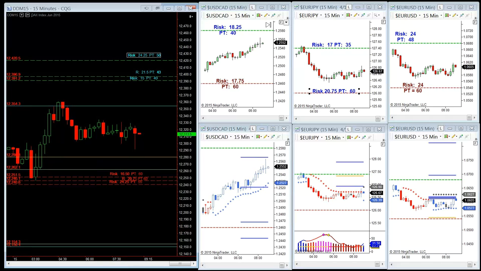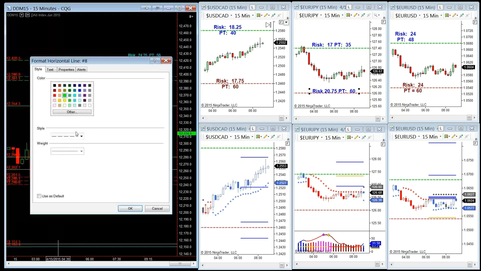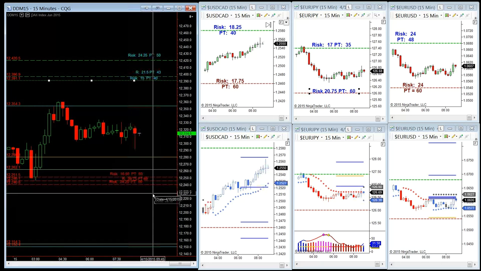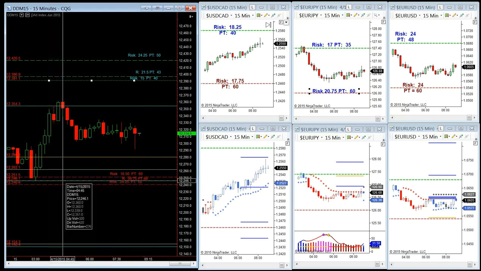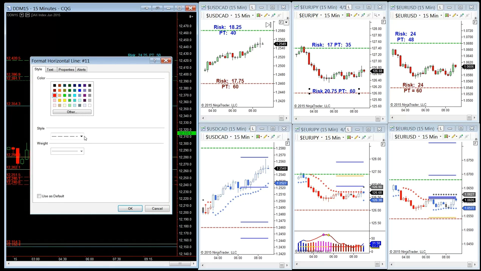I've got one binary that will expire in 15 minutes, and that's on the DAX. And I'm actually going to mark those so that you'll know. What can we mark those with? We'll do dotted lines on those. If one of those profit targets is not filled, then I'll lose on both sides of that. 246, we'll make it dotted line.